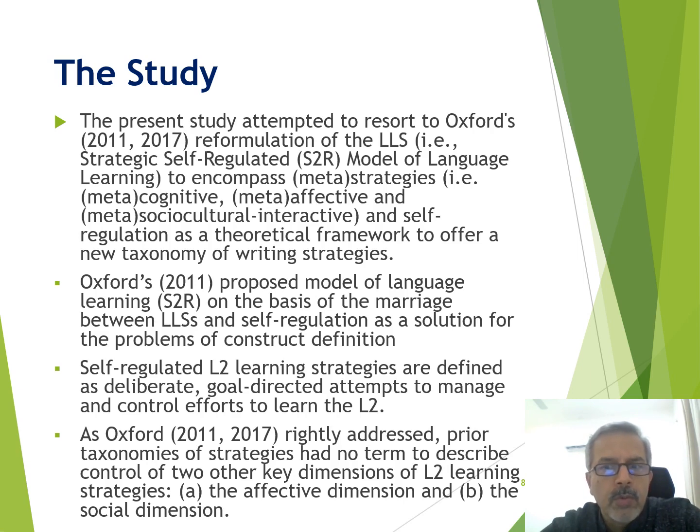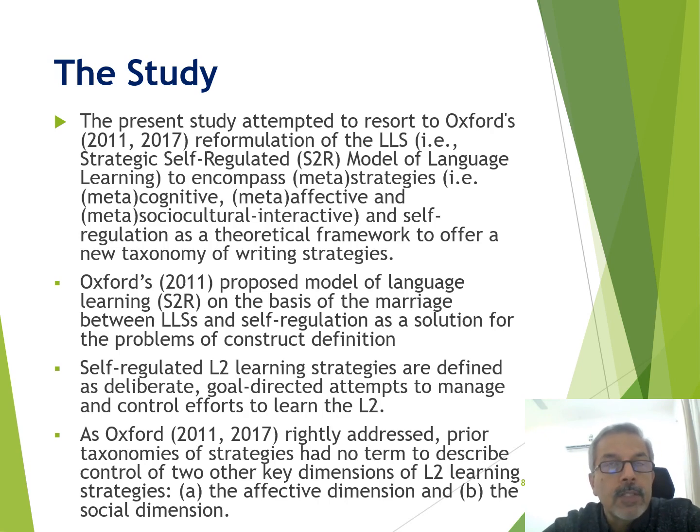So there was much criticism about the definition. So actually Oxford tried to overcome this problem by combining these two ideas, I mean, strategies and self-regulation. So in the model, we can see a comprehensive treatment of different strategies.